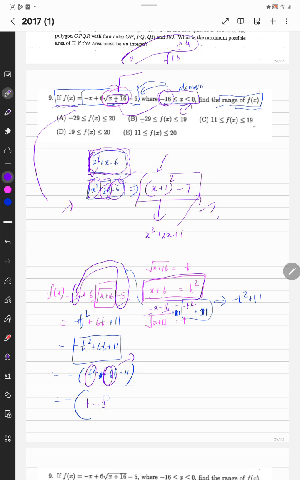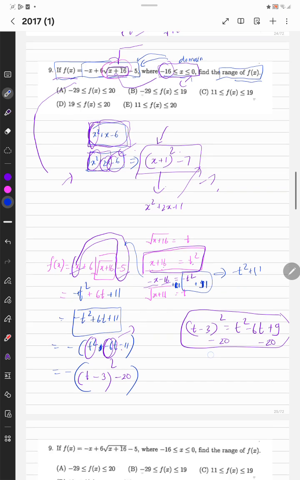So negative, t minus 3. When you do t minus 3 whole square, you get t square minus 6t plus 9. What do you have? You have negative 11. So you have to subtract 20 from both of the sides. So you can write the whole expression like this.